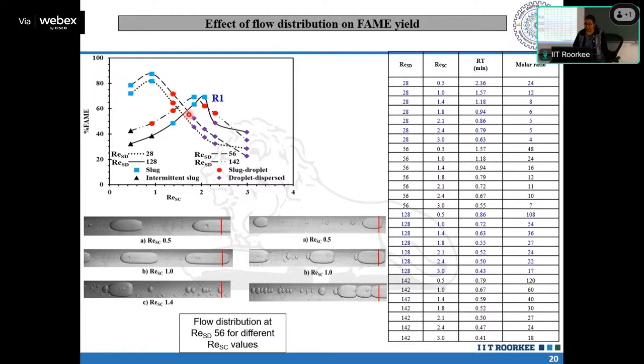So that indicates the existence of an optimum in terms of both the residence time and the specific surface of contact. Both need to be optimized to get a maximum yield. So this trend is true for all cases.